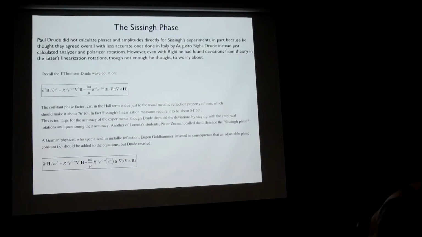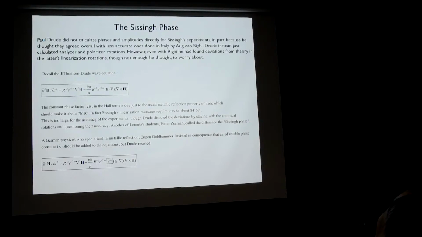Now again, the phase factor here in this term over here is just due to the usual metallic reflection property of iron, its absorptive property. And what this works out to in the case of iron in these experiments is that it should come out to be about 76 degrees, 16 minutes.